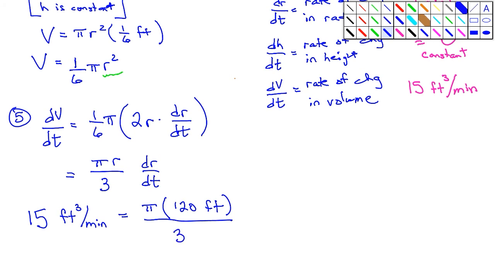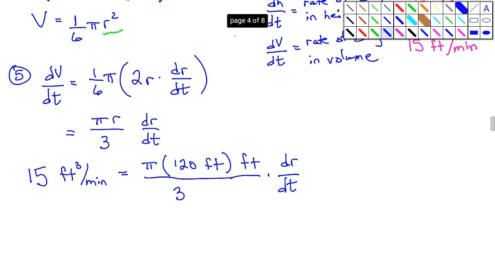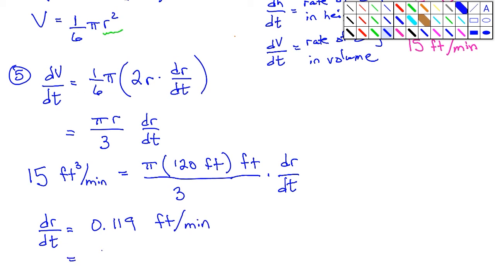There was another foot involved when I put in the 1/6, so I'm going to go ahead and put that one in now. And then times dr/dt. Then solve this for dr/dt, and you get 0.119 feet per minute, or you can convert that to inches, and it would be 1.43 inches per minute.